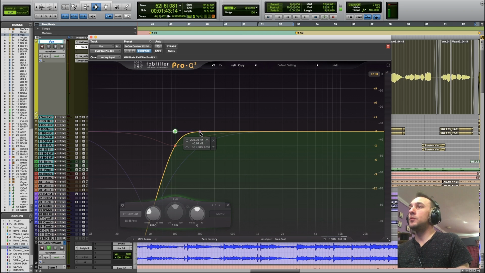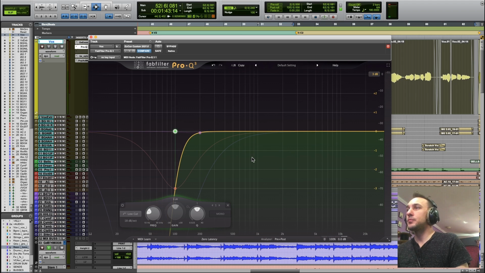It's almost back to zero. If we zoom way in, it's not quite flattened out by 200 hertz, but I'm guessing it's about negative 0.075 dB. If we zoom back out and go down the octave to 50 hertz, there's our negative 18.